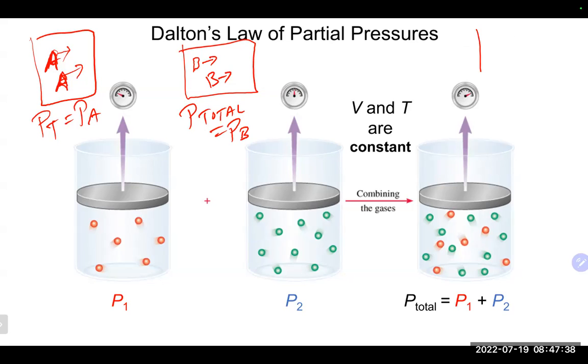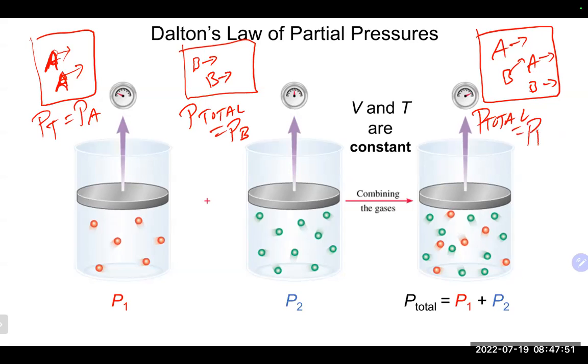If we put these together, where we have A and B flying around in the same container, now the total pressure here is a result of both gases: the pressure of gas A plus the pressure of gas B. These are what are referred to as partial pressures, because they partially contribute to the overall pressure of the container.